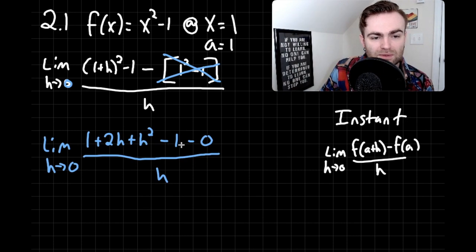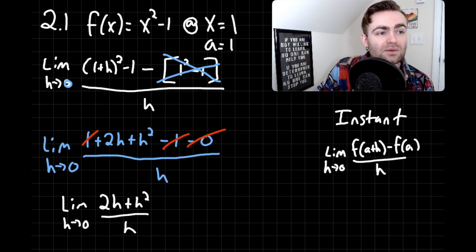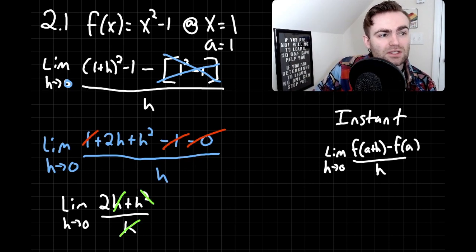Well, if we look closely, the 0 doesn't matter. We have a positive 1 and a negative 1. Those cancel. And that leaves us only with h's. We have the limit as h approaches 0 of 2h plus h squared over h, which means that we can eliminate an h from every single term in the numerator and denominator. Get rid of that h. We can get rid of one of the h's in the h squared, and get rid of the h in the denominator.